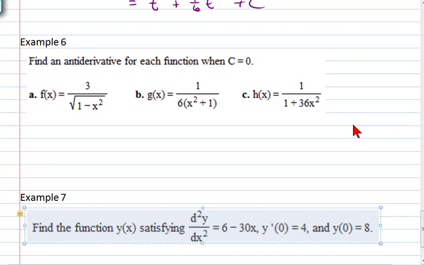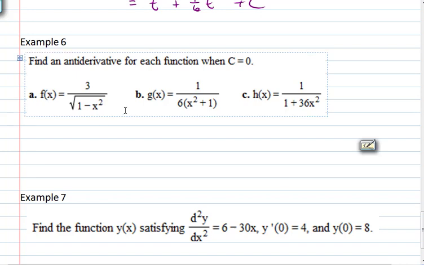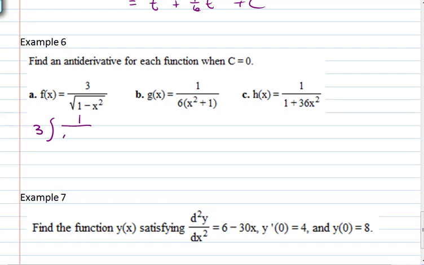All right. In example 6, I'm just wanting you to find an antiderivative for each one of these when c is 0. So now I'm telling you the value of c. We could rewrite this as 3 times the integral of 1 over the square root of 1 minus x squared dx.